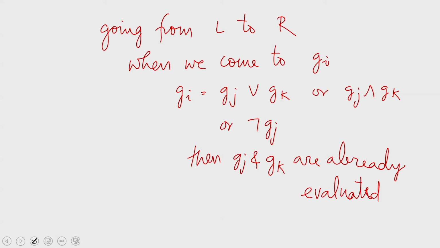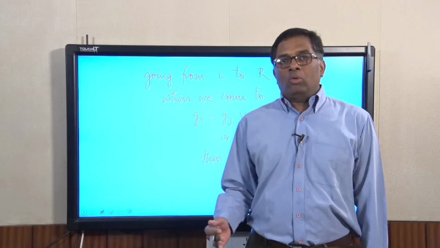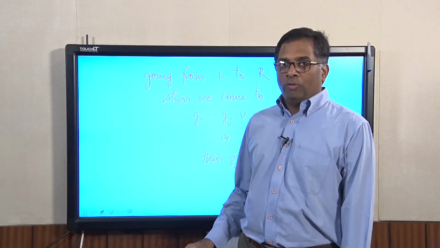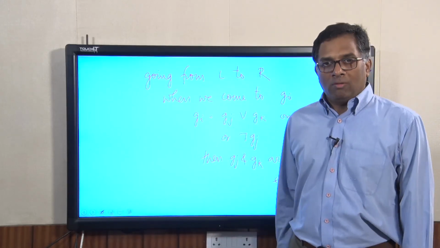Therefore, Gi can be evaluated. The only other possibility is that Gi is an input itself, in which case Gi is readily available. So either way, when we move from the left to the right, the gates can be evaluated one at a time. So when we reach the right end, Gn would be evaluated.